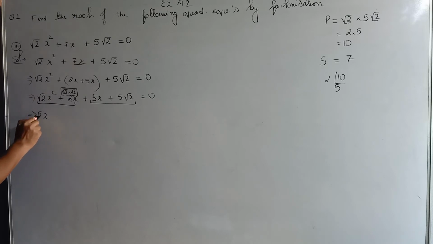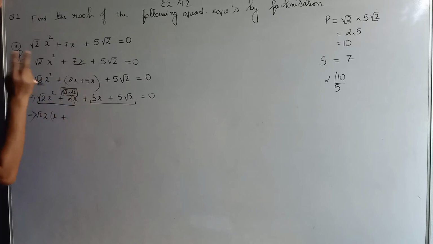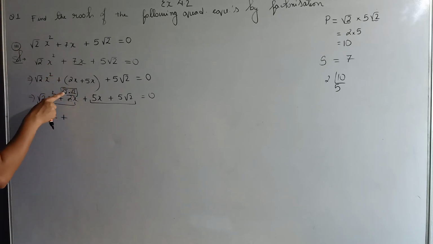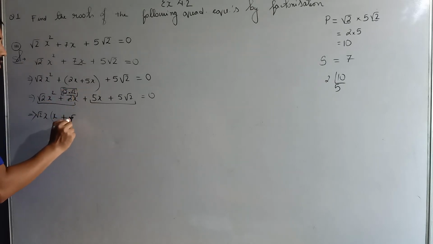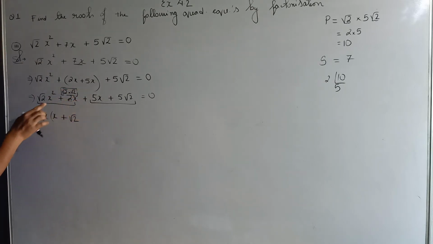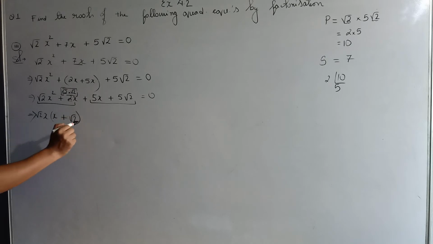So we take square root of 2 and x as common. From the first term we will have only x. 2 means 2 square root of 2, right? Already we have taken 1 square root of 2, so we will have another square root of 2.